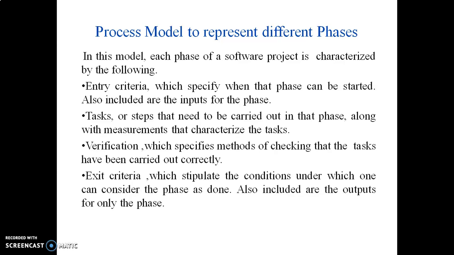It is a process by which we can ensure that the tasks have been carried out correctly. Finally comes the exit criteria, which stipulate the conditions under which one can consider the phase as done. Also included are the outputs for only that phase. Exit criteria means it ensures that it has completed the task which it has been assigned.